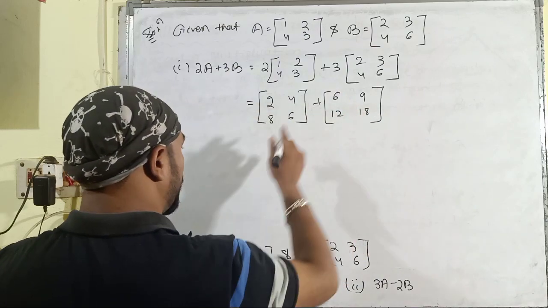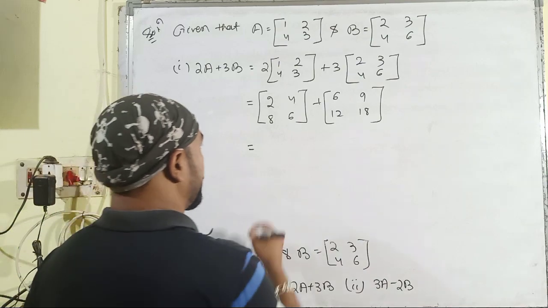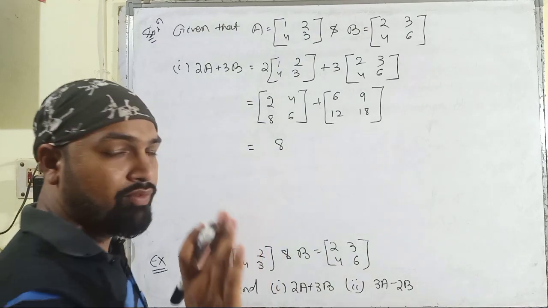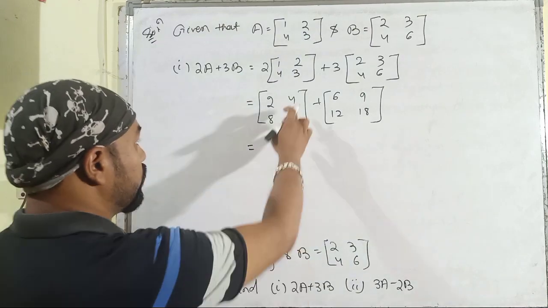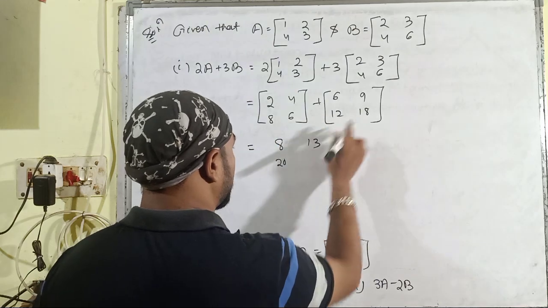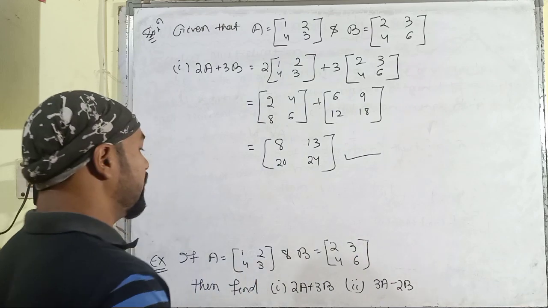Then we just have to add these two matrices and find the result. It is 2 plus 6, it is 8. The corresponding elements will be added with each other. So 4 plus 9 it is 13, 8 plus 12 it is 20, 6 plus 18 it is 24, and here is the resultant matrix.